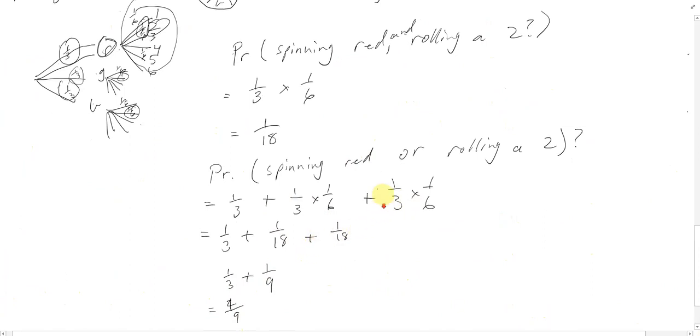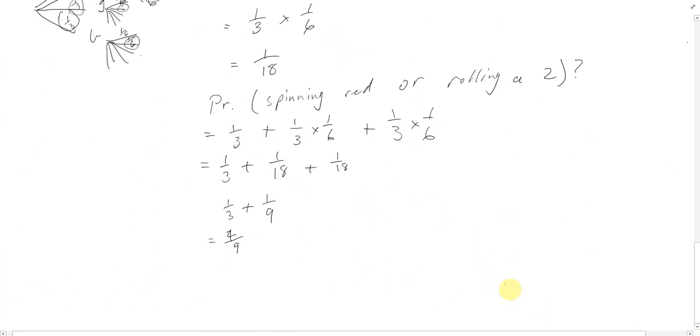Now, last thing, tree diagrams are very, very useful as well if your probabilities are not even.